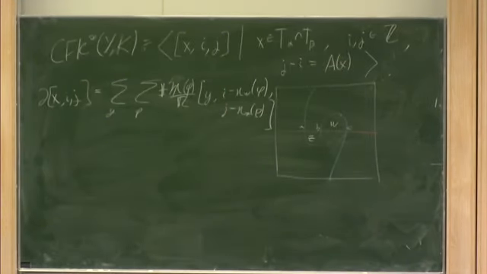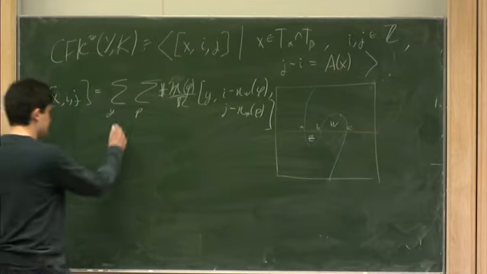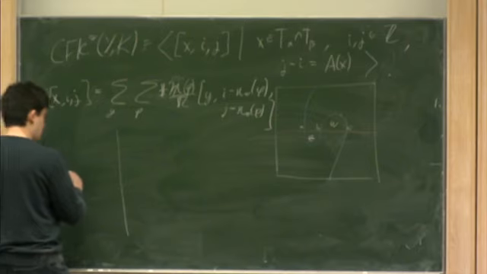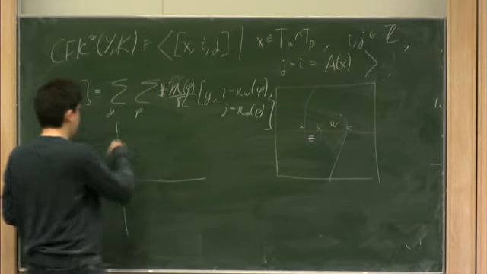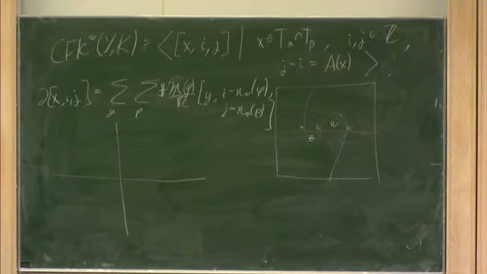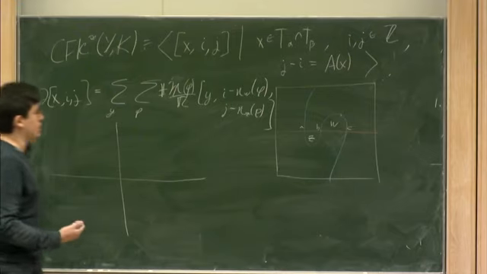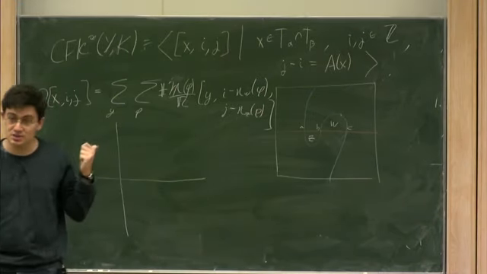So what's this going to look like? We're usually going to represent this on a plane where i is going to be the horizontal axis and j is going to be the vertical axis, and we're just going to draw the generators at those positions. Okay?